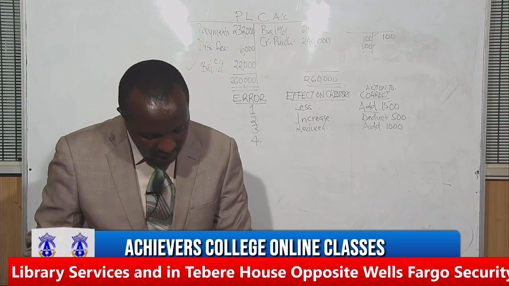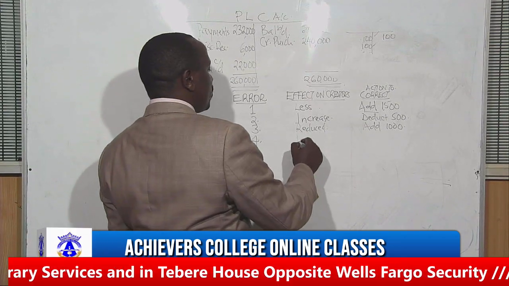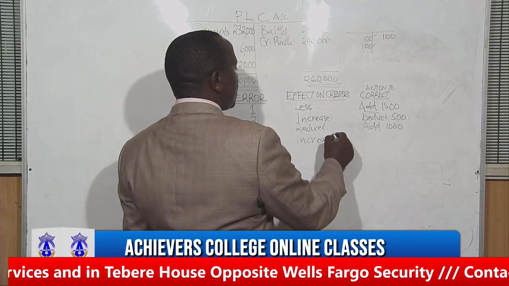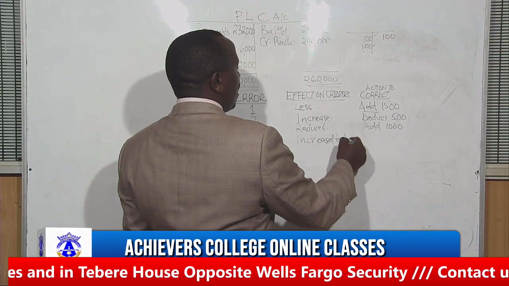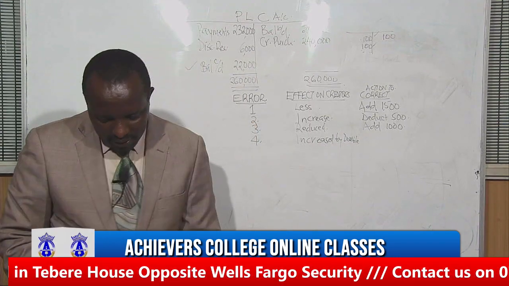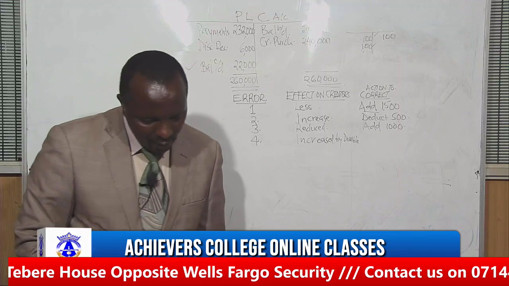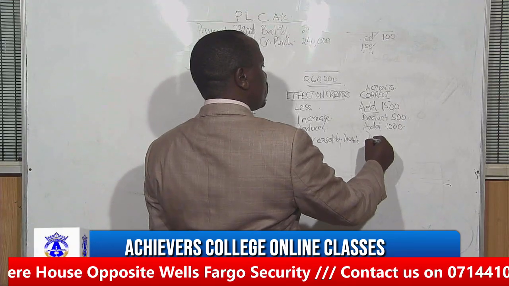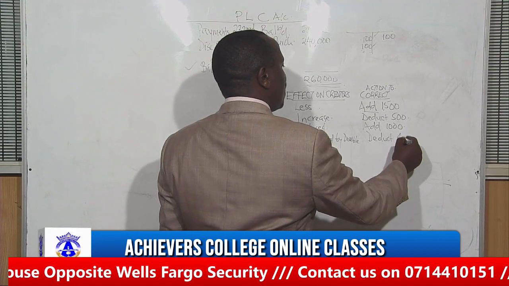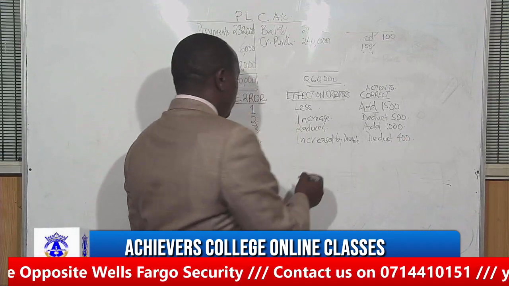It was increased by 400. So it was increased by double, and therefore we are supposed to deduct with the double, and double is 400, not 200.